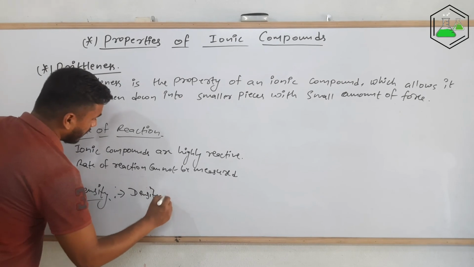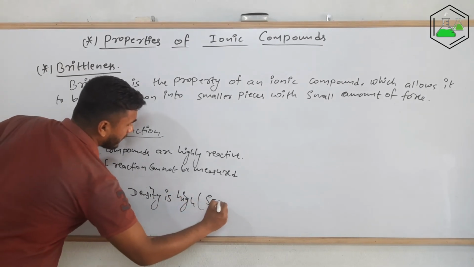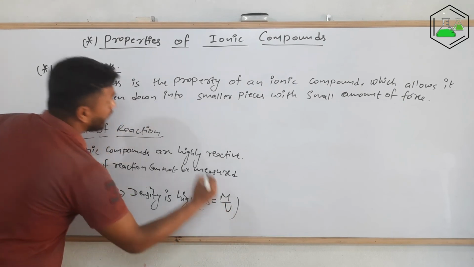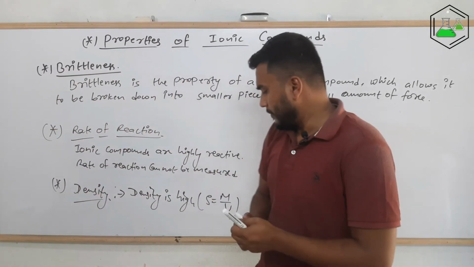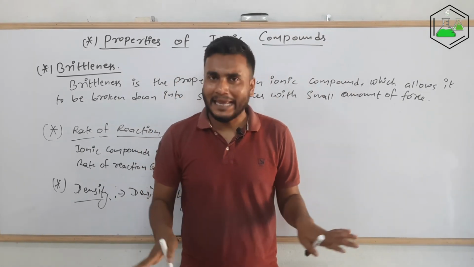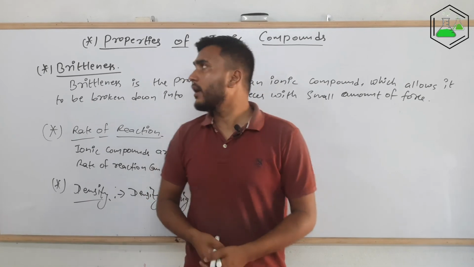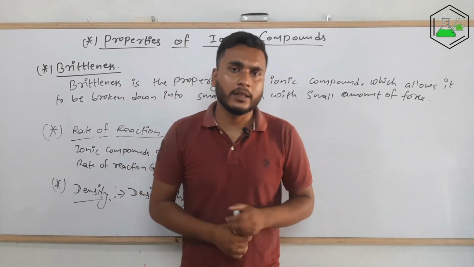Density is high because density has the formula mass by volume. If the volume decreases, the density increases by this formula. So the ionic compounds are very dense compounds. So these are the different properties of ionic compound important for your examination.